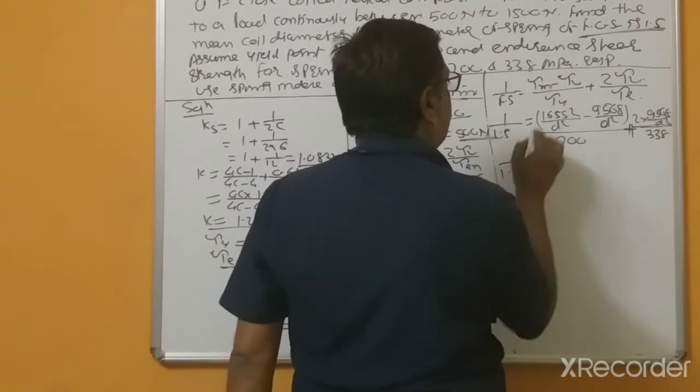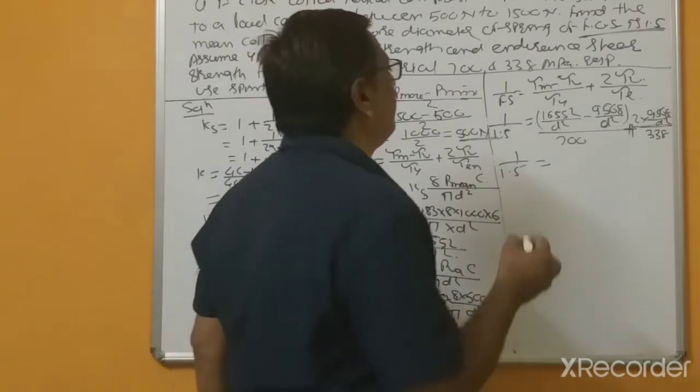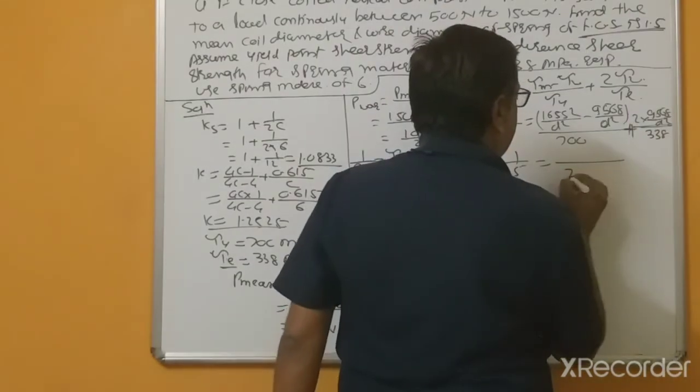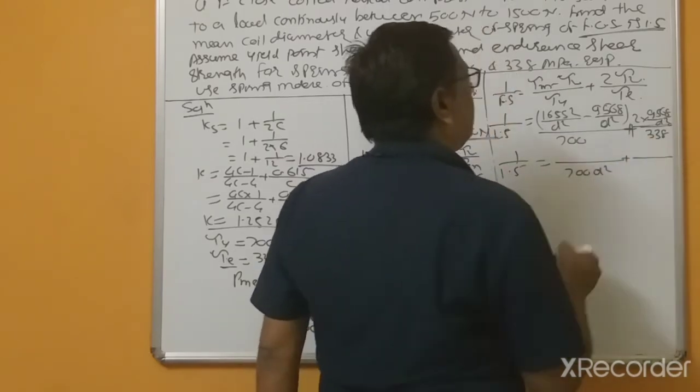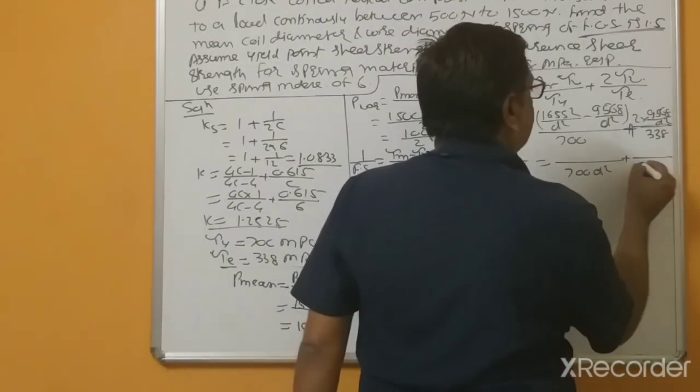This is 1.5. So first I will take these values, 700 d squares, and after that these values.